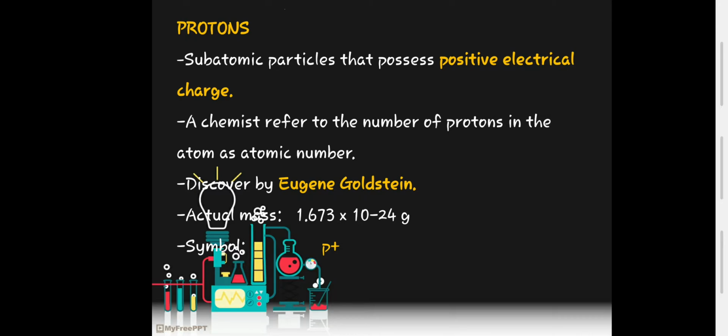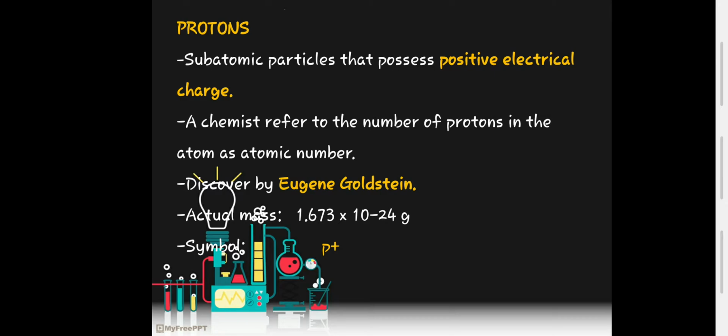Going back, electrons were discovered by Joseph John Thomson, but the charge of the electron was discovered by Robert Millikan. Always remember that one. The actual mass of a proton is 1.673 times 10 to the negative 24 grams.